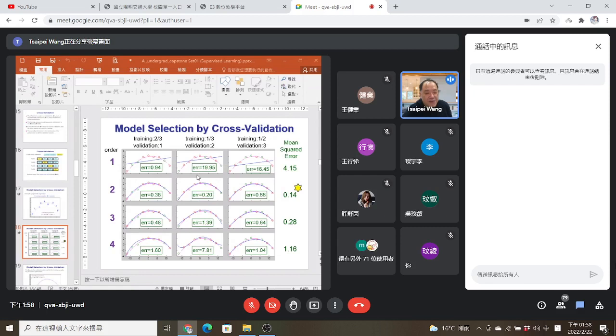So in this process, I check the different polynomial orders here, and for each of them, I have to do the training. That means the polynomial regression with a specific order for the training subset.